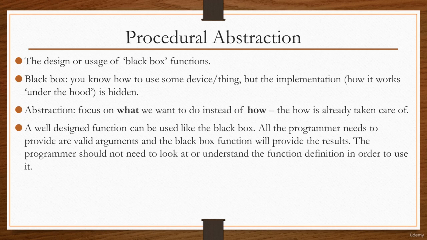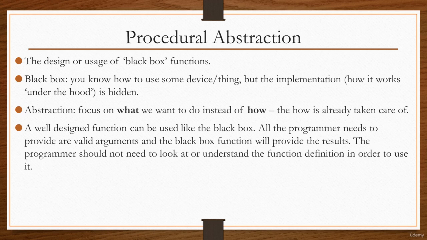And so what's a black box? Well, basically what it boils down to is you may know how to use some device or thing, in this case a function, but the implementation, or in other words how it works under the hood, is hidden, right? So this idea of abstraction allows us to focus on what we want to do instead of how. The how is already taken care of, basically.